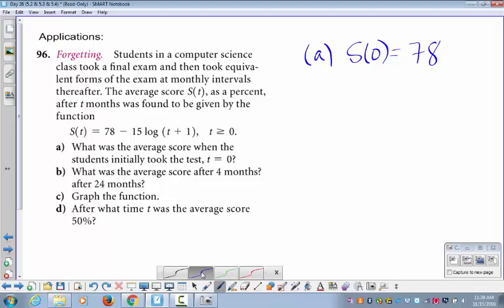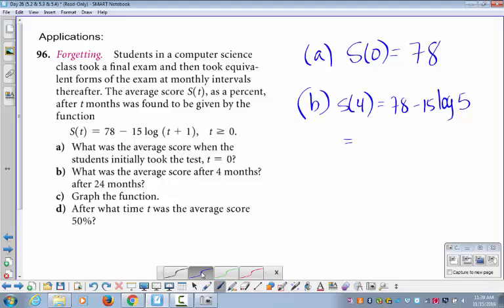What was the average after 4 months? Okay, so to figure it out after 4 months, S of 4 is found by plugging in 4. So we're going to have 78 minus 15 times the common log of 5.